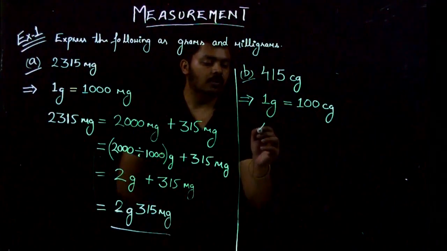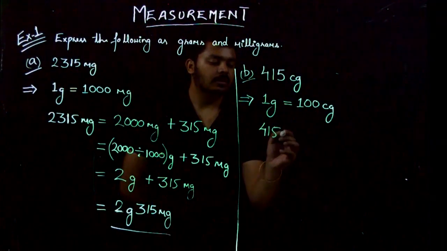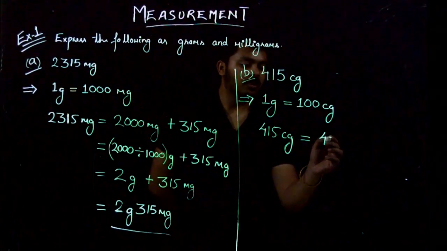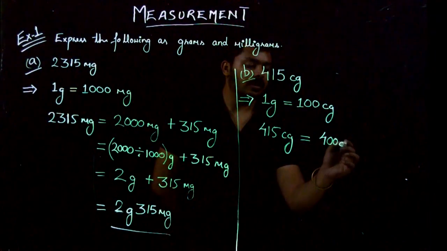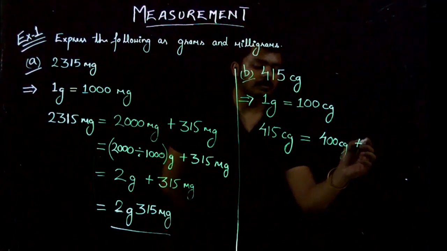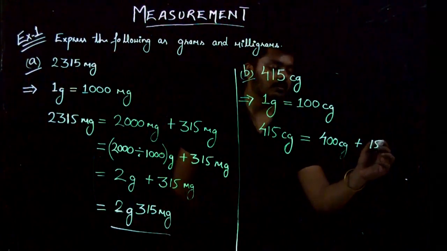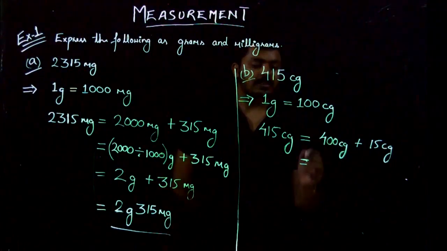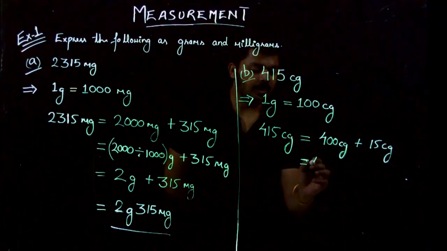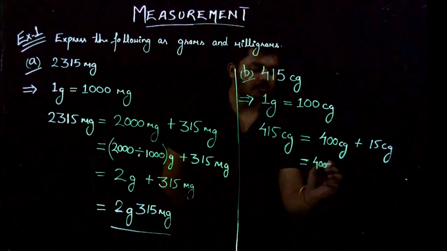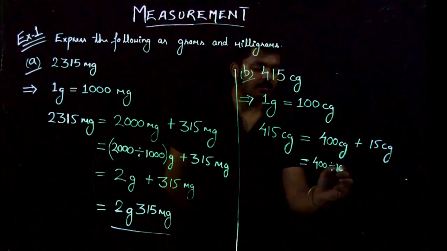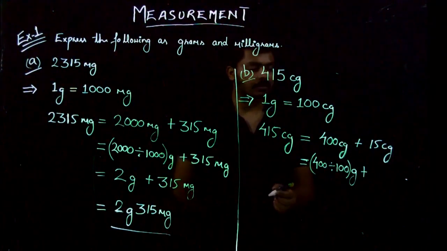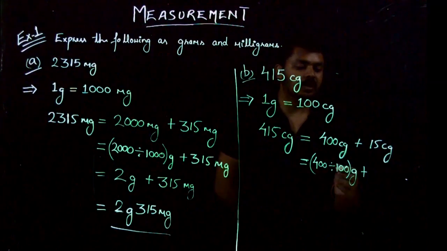So 415 centigrams can be written as 400 centigrams plus 15 centigrams. So to convert centigram into gram, we need to divide it by 100, and here we have to convert the remainder into milligrams.